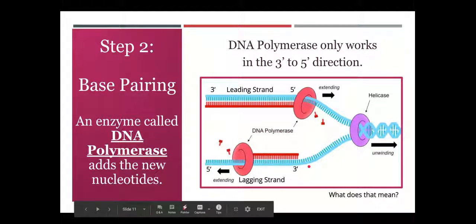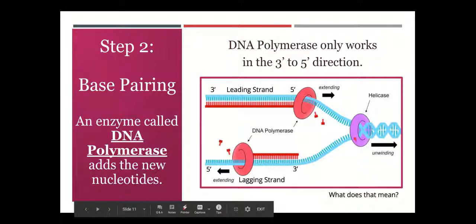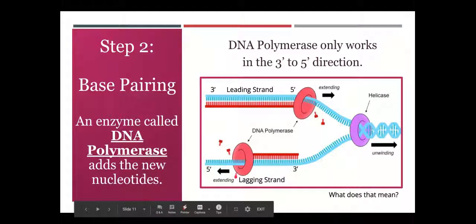Which means that if DNA polymerase can only add nucleotides in the 3' to 5' direction, it is adding those nucleotides in the opposite direction that helicase is moving. So it is moving farther and farther away from the DNA that's being exposed as it's unwound and unzipped. This means that this strand of DNA lags behind. It gets its nucleotides added to it in short spurts, so we call it the lagging strand.